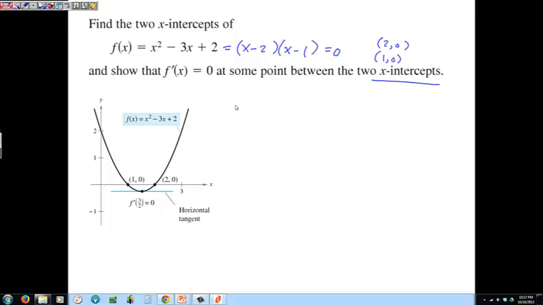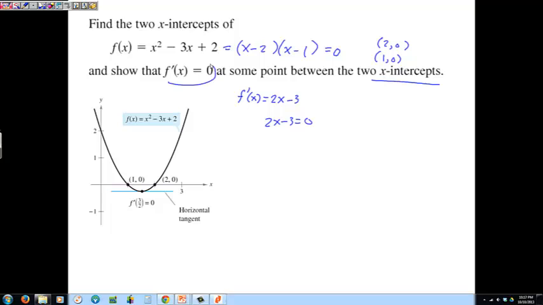So let me take the derivative of this. If we take the derivative of f of x, I get 2x minus 3.